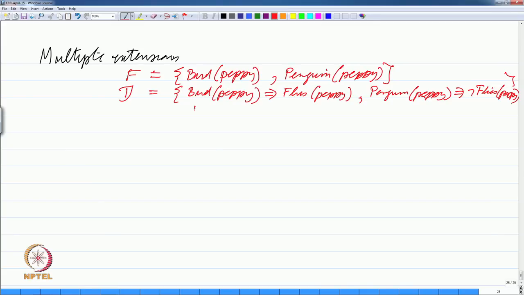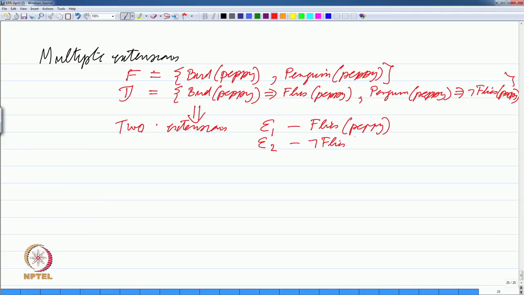You can see that this has two extensions. In epsilon 1, flies Pepi, and you can work this out, not flies. Because once you add one assumption, you can add the assumption either flies Pepi or you can add not flies Pepi.